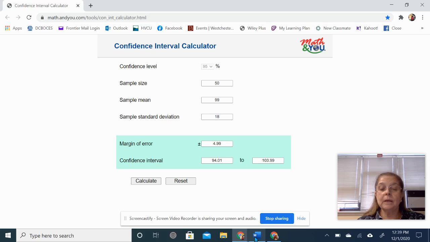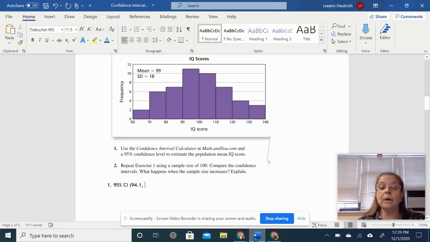The upper value was 103.99. And the margin of error, the MOE, was 4.99. Now, this is one way we can write a confidence interval, but you probably have seen, well, how do you write this with the plus and minus?